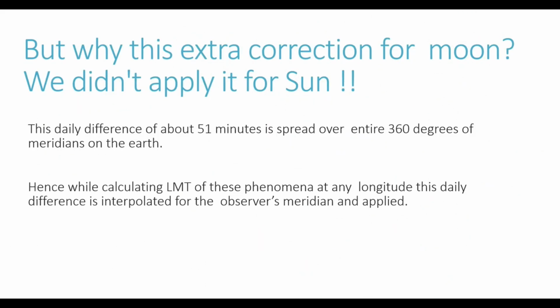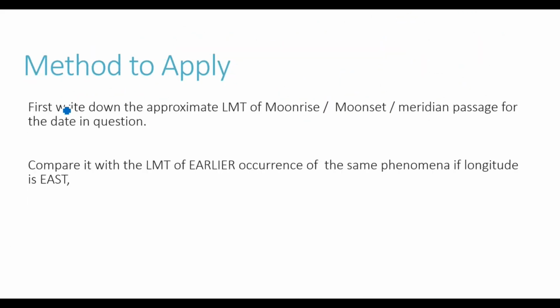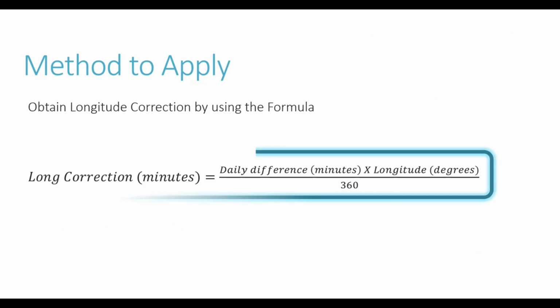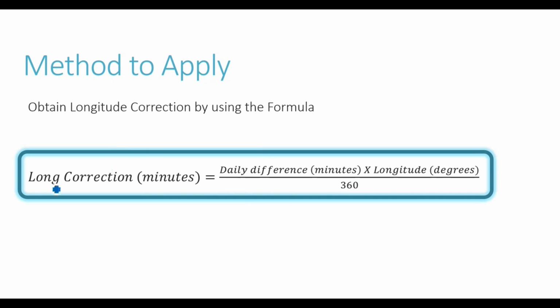ओके, अब याद रखने के लिए बहुत आसान है बेटा। याद रखने के लिए आप ये याद रखो, this is the formula: longitude correction in minutes is equal to daily difference into longitude divided by 360. You can just take a screenshot or note down this formula.